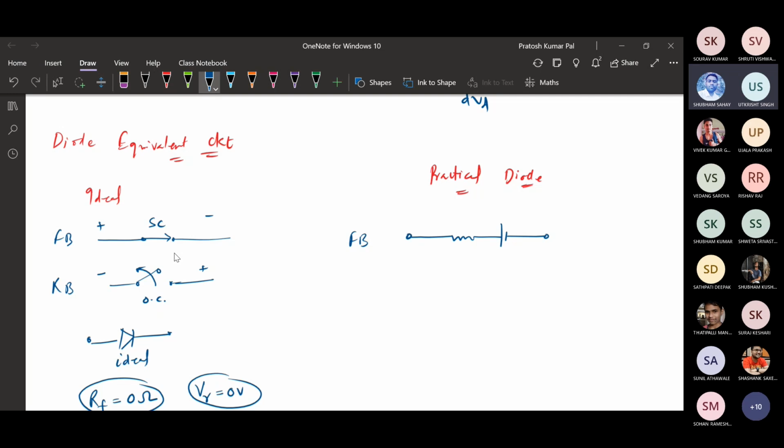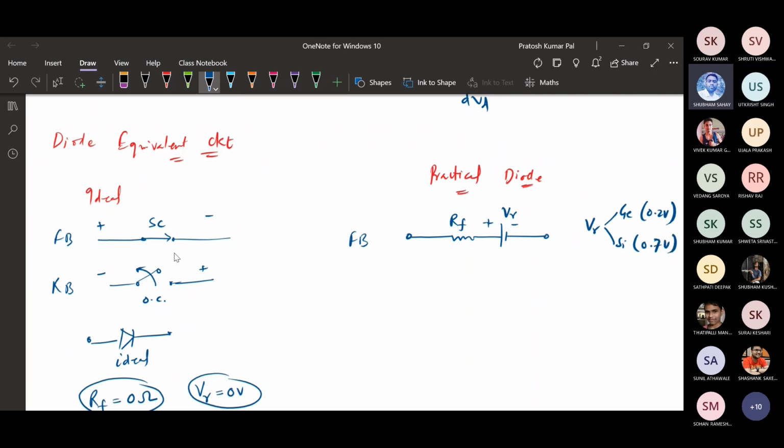This resistance will be your forward resistance, and the voltage that arises is basically the knee voltage. This knee voltage in case of germanium is 0.2 volt. In case of silicon, it is 0.7 volt.